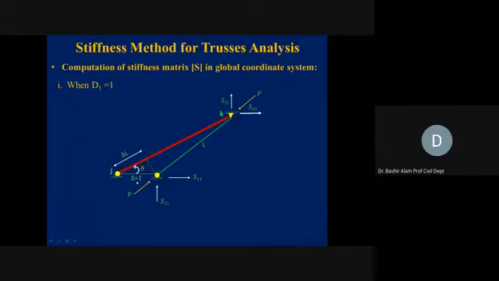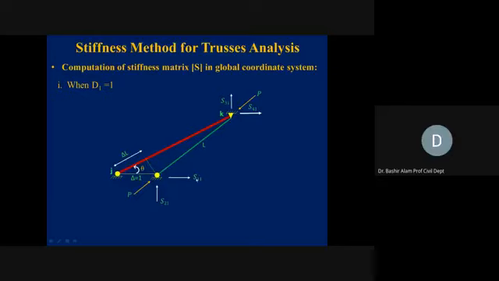So these are the actions produced due to this unit displacement, D1 equal to 1 that we are applying. This P, we can very easily find out, how much force is going to be induced in this member.